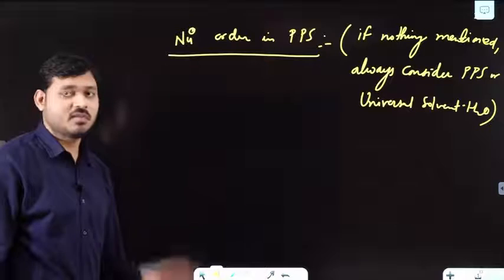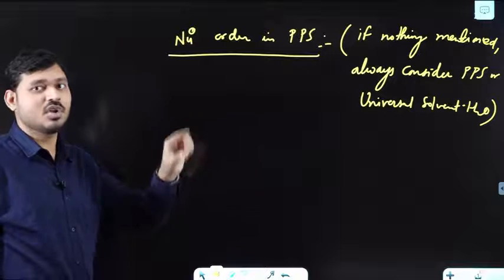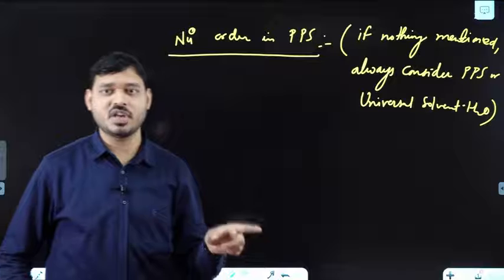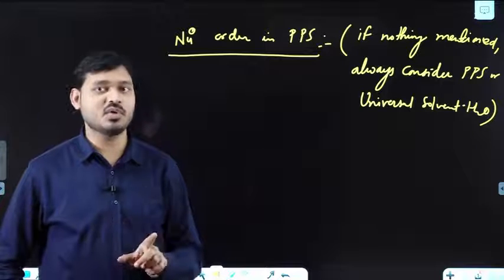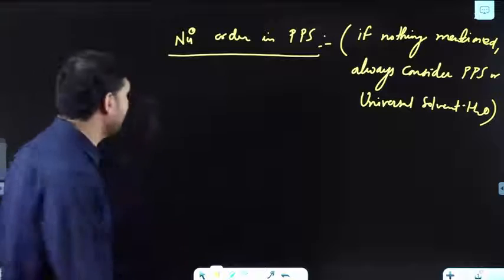Clear? Remember, many times this question has been asked about nucleophilicity order and it has not mentioned whether the solvent is polar protic or polar aprotic. So what do you need to consider? You need to consider polar protic solvent. Now what will happen?